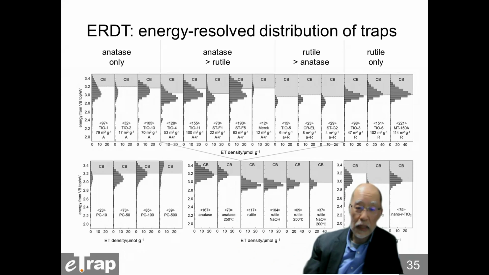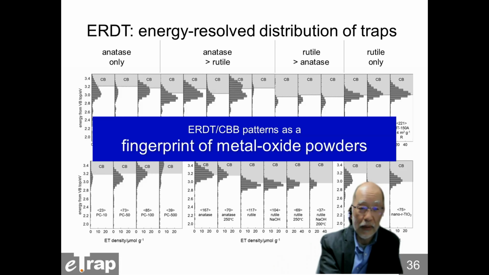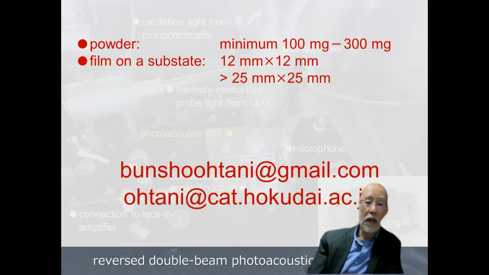Not only titania, but also other kinds of metal oxide and carbon nitride can be measured by using this technique. And this opens up a new scope of material design. We have many collaborators, and they send us samples to be measured by the newly developed technique, and we are happy.